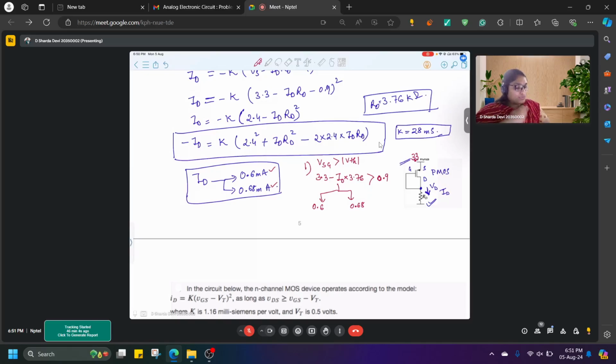Which of the two satisfies this condition, where it should be greater than 0.9?